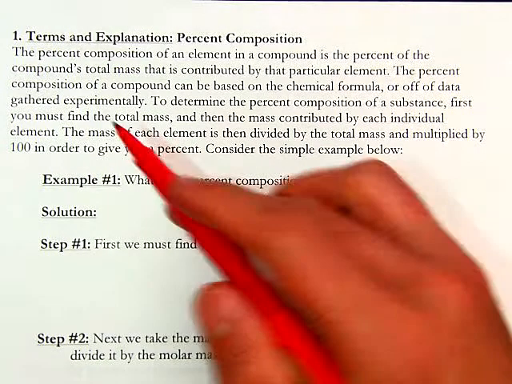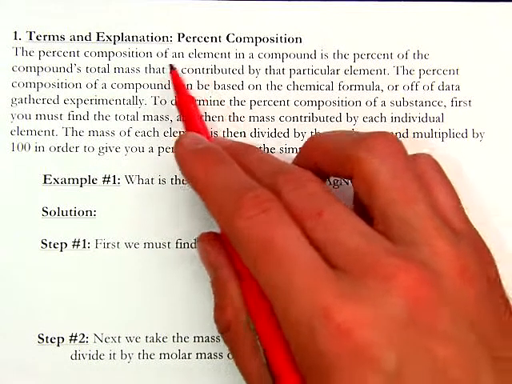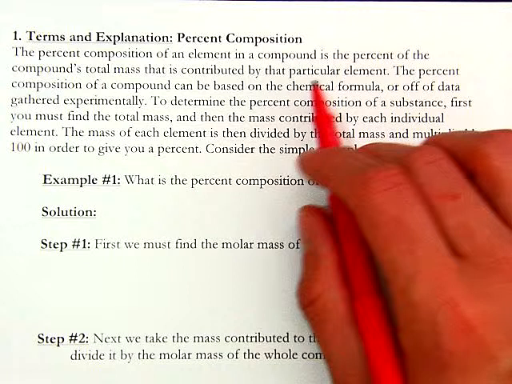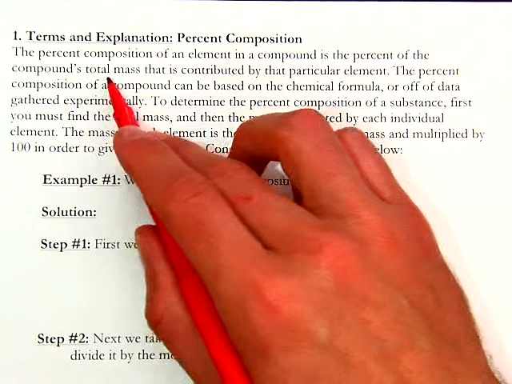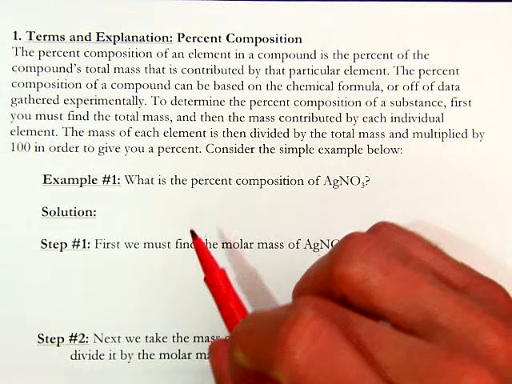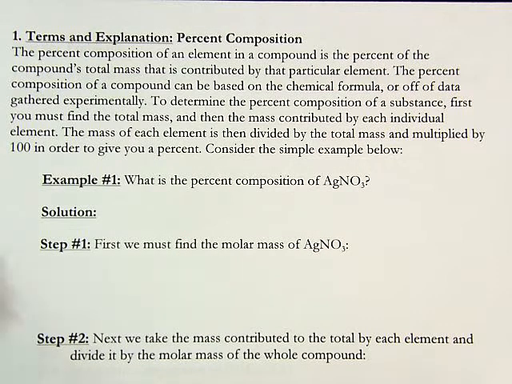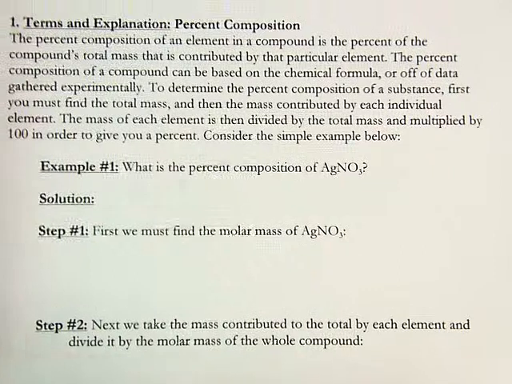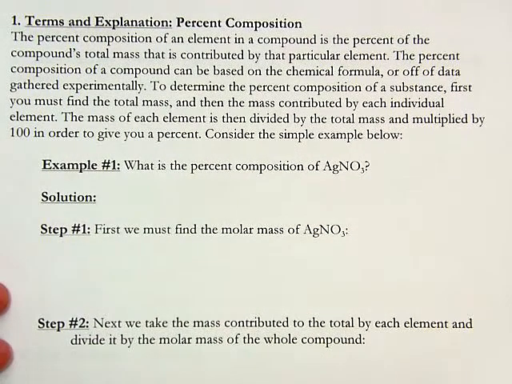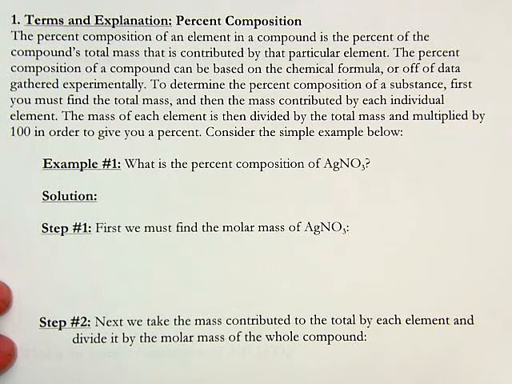To find it, all you really need to know is how much the whole thing weighs, which is called the molar mass, and then you divide the mass contributed by each element by the molar mass, and then turn it into a percentage.